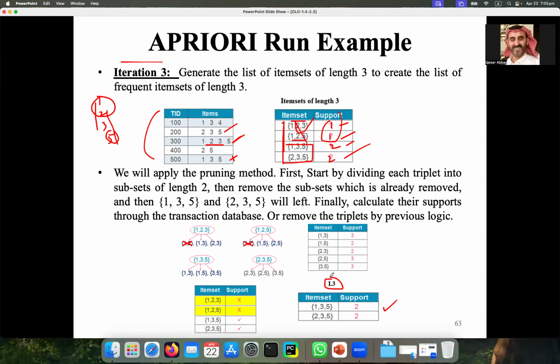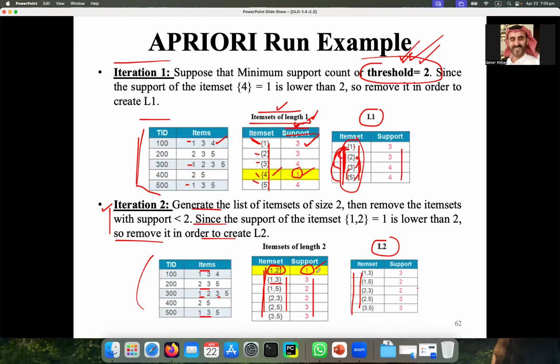This is one method that you already know. The other method is mentioned here. If someone feels difficulty in counting these triplets from the data set, you can get help from those previous pairs that you have calculated in the previous step.